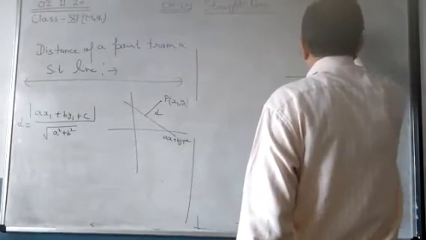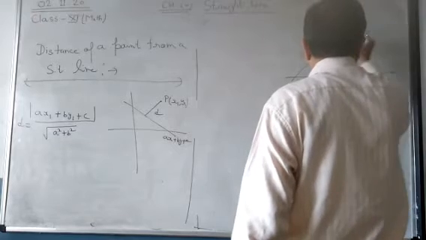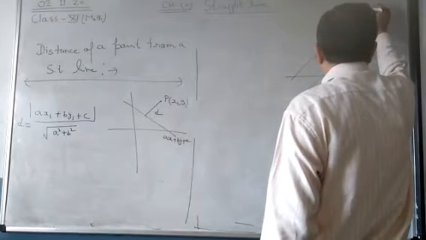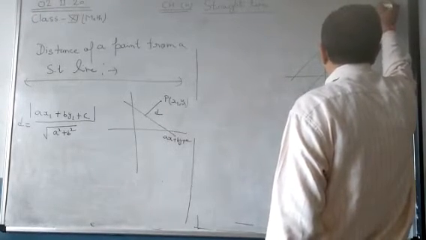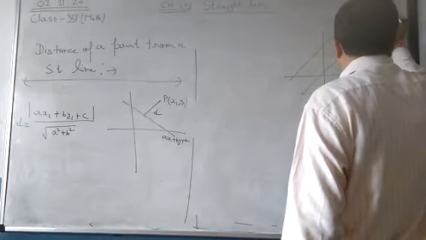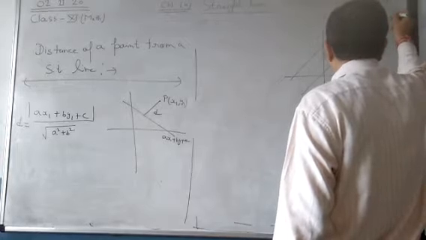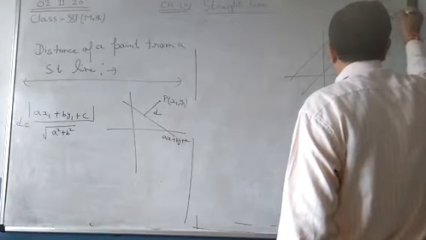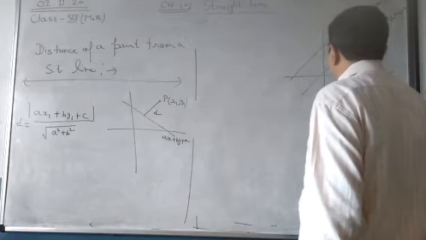Suppose the first line and second line have equations ax plus by plus c1 equals 0 and ax plus by plus c2 equals 0.